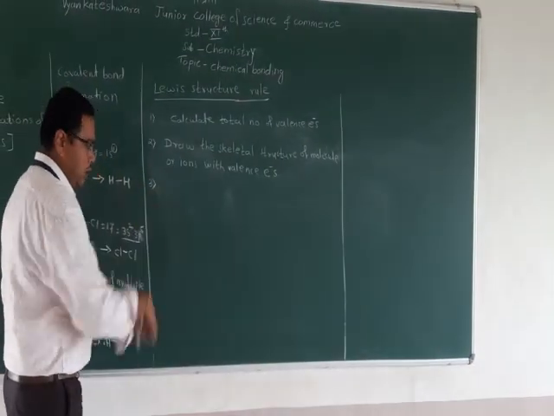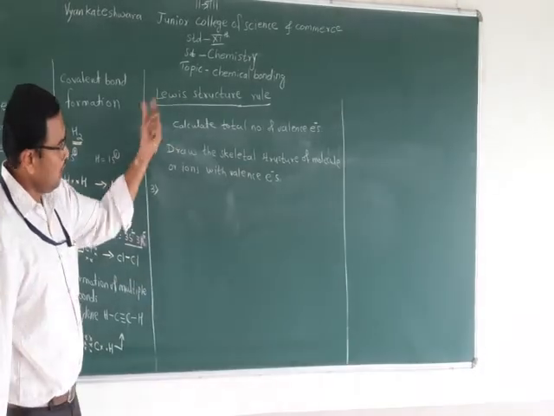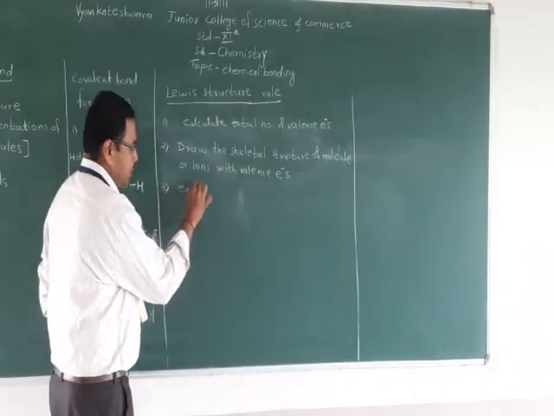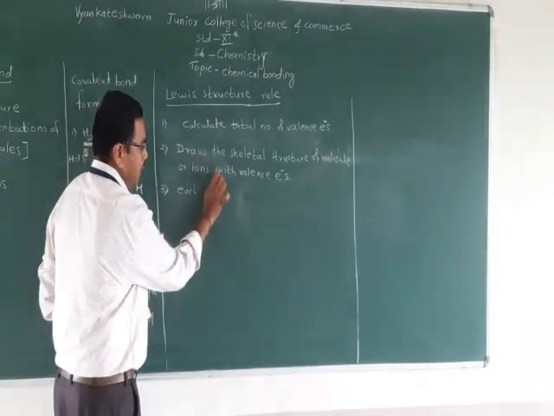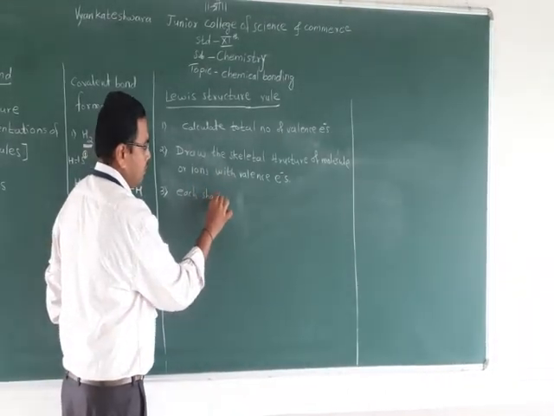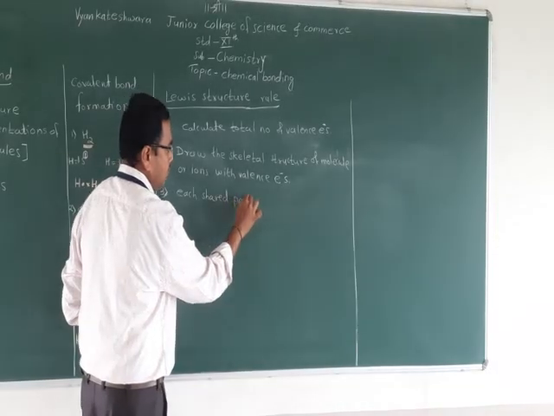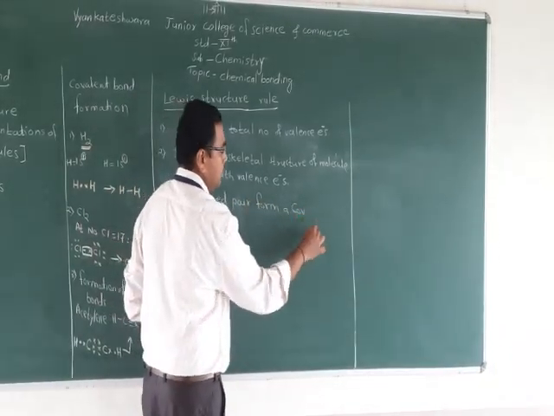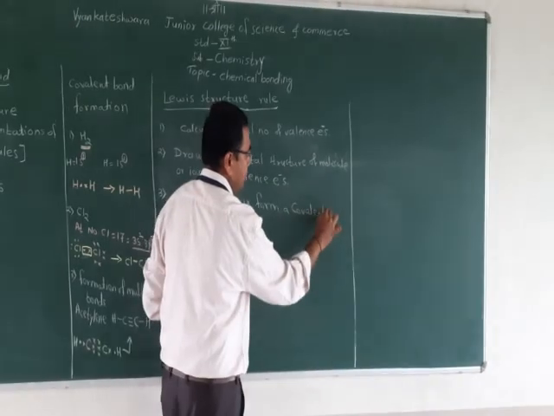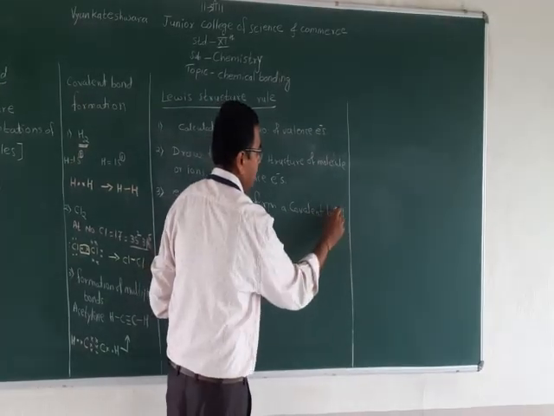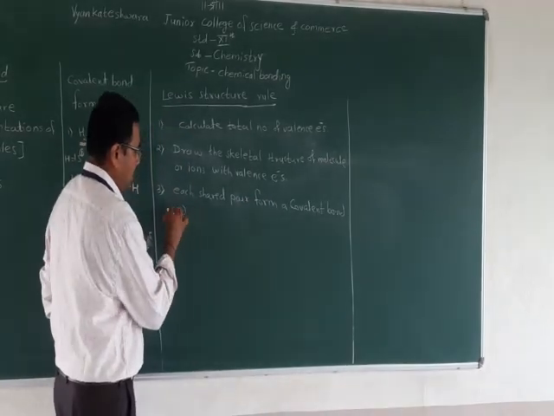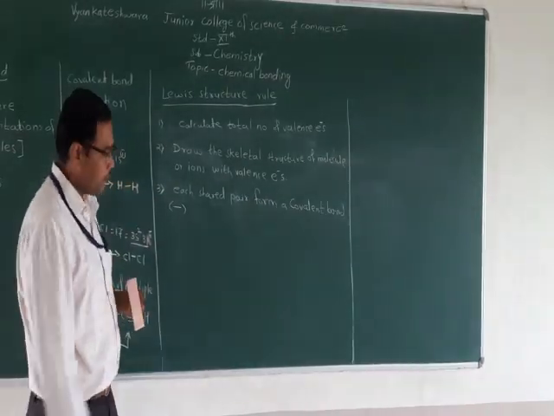Third rule: in this Lewis structure, each shared pair forms a covalent bond, and it is represented by the symbol dash.